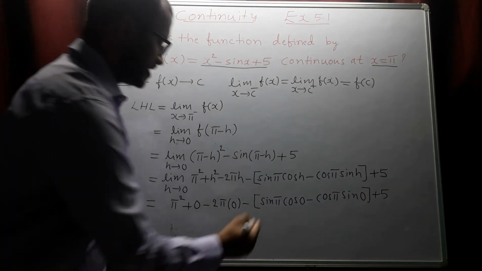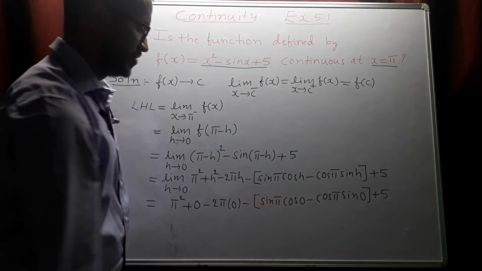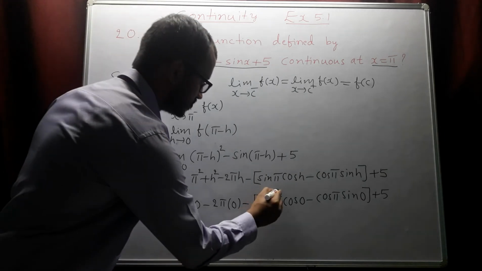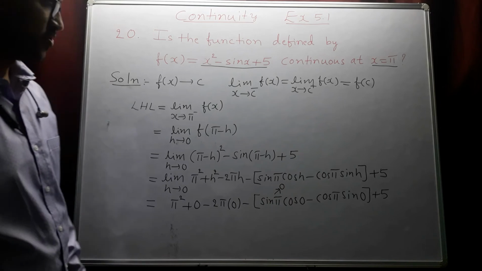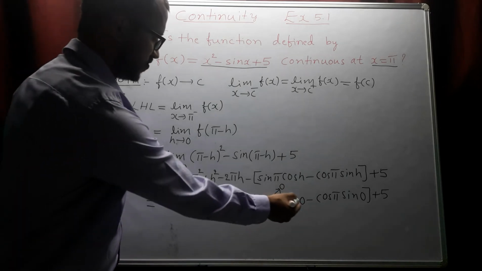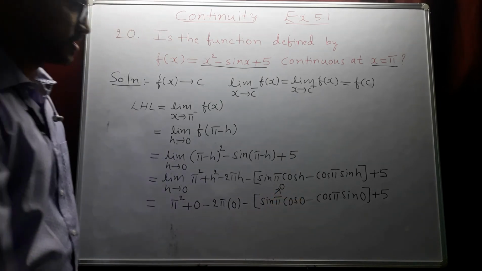But we know that sin π is 0, so 0 into cos 0, which is 1, becomes 0.